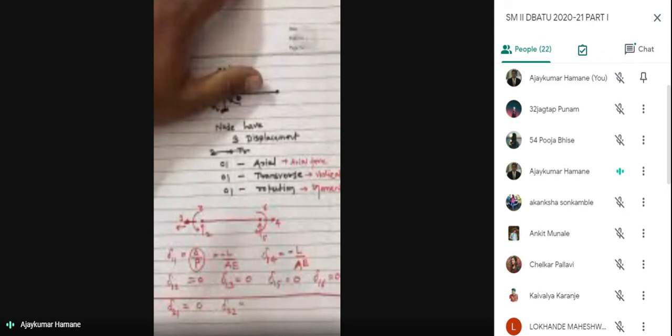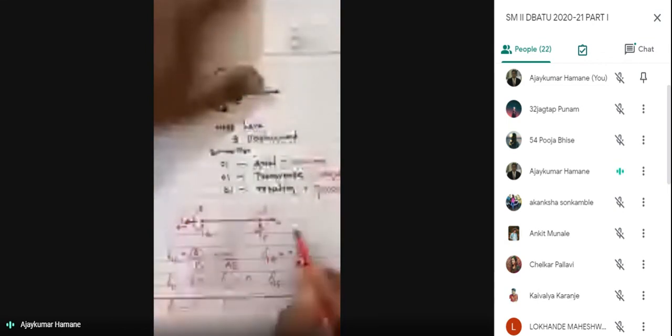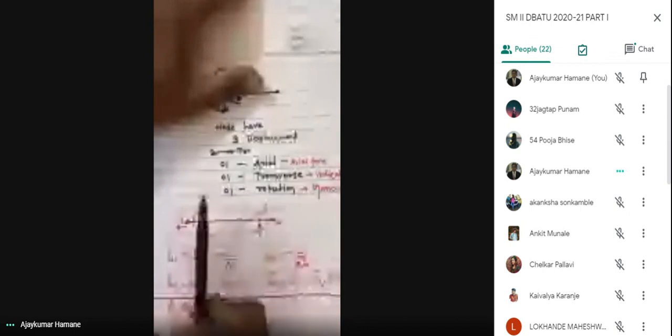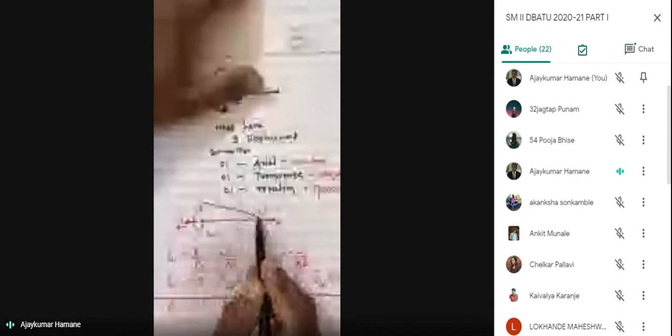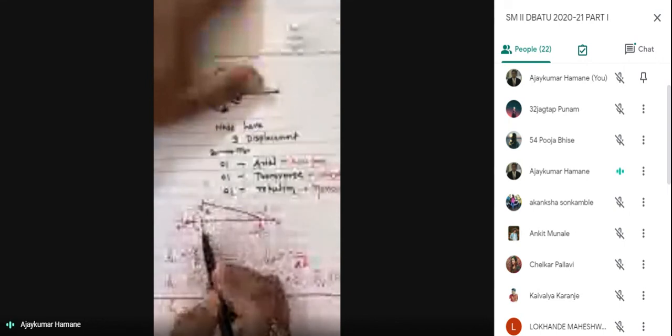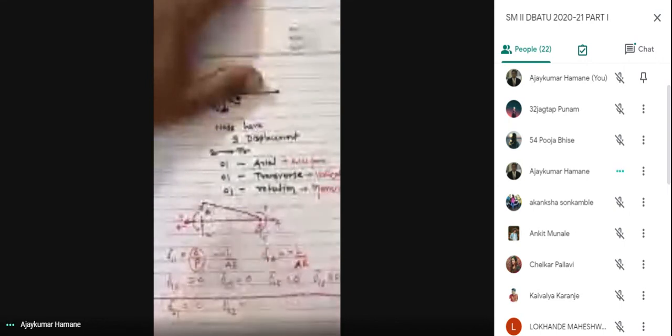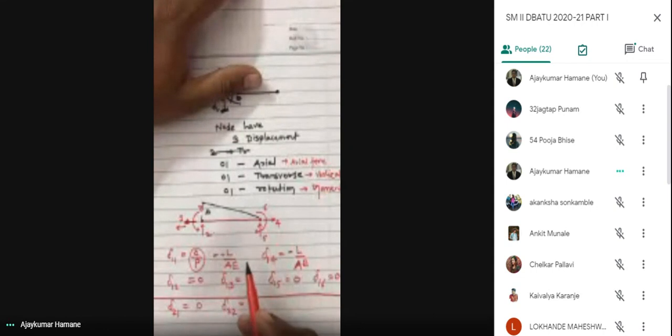Delta 2,2: when we apply the unit force along this direction, the member is displaced by an amount delta, so we have the reaction. The far end is fixed, so we have L cube upon 12 EI.